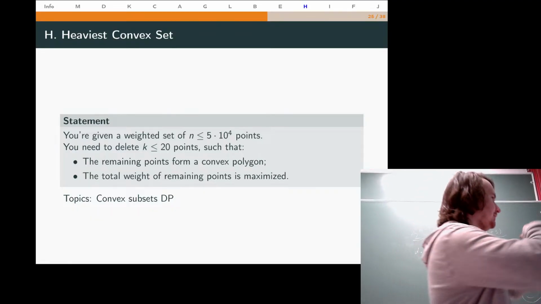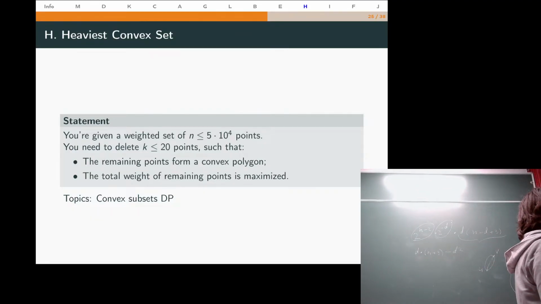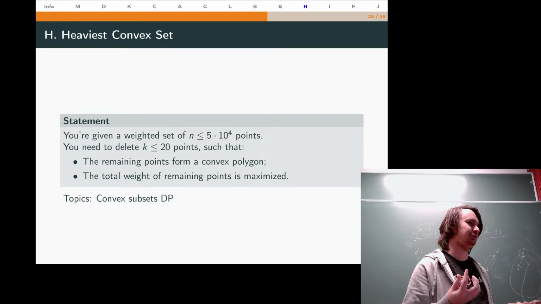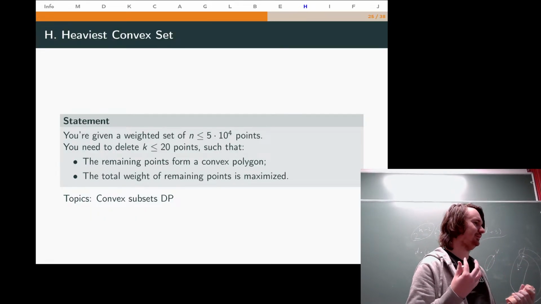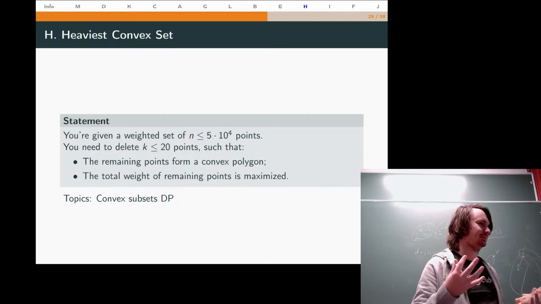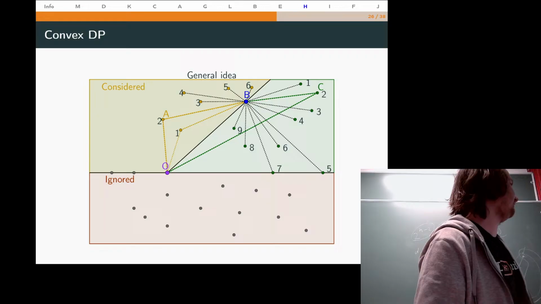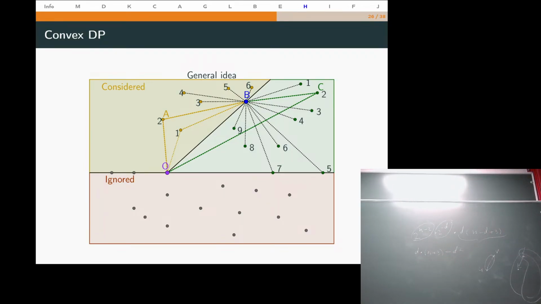So generally, when we are given a set of points and we are asked to compute something about convex polygons that can be formed out of these points, the approach here is basically almost always some kind of dynamic programming on the convex stuff. So that looks like this. We pick some point O to be the bottom left of the whole set.